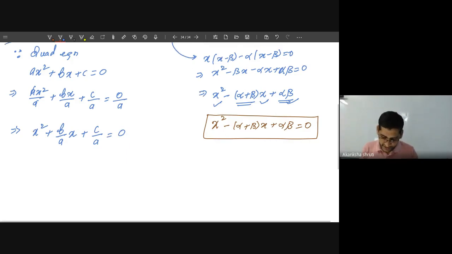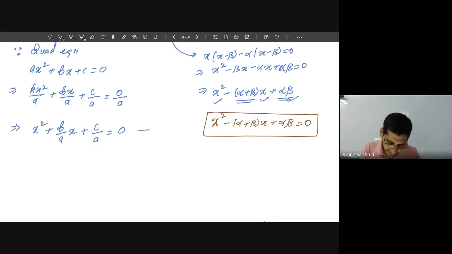Now, students, I am taking this equation as equation A. Now, since what is alpha plus beta? It is given by minus b by a, or b by a can be written as what? Bringing this on the left hand side, b by a can be written with a minus sign, means minus alpha minus beta.